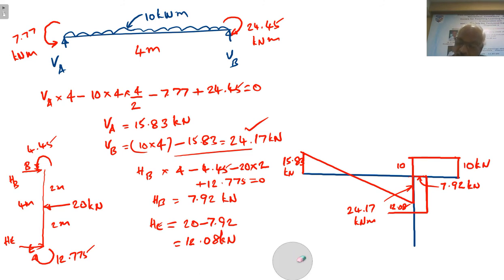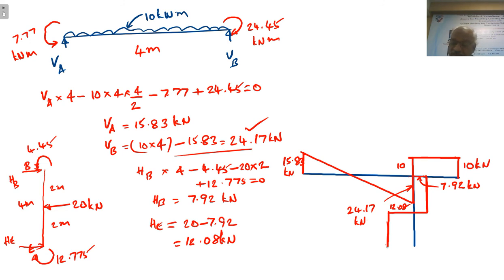So this is not 24.17 kilonewton, because it is reaction, right? Shear force, right? Now it will come down, because there is no other loading, only there is a horizontal load at the mid height of the column, right? Now, so that is 12.08.